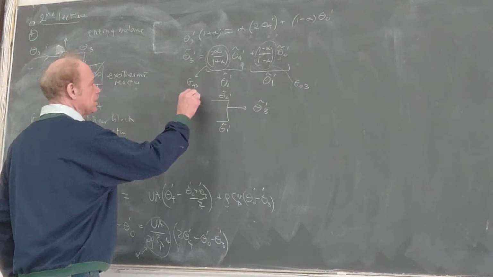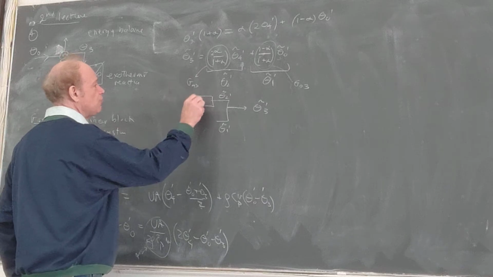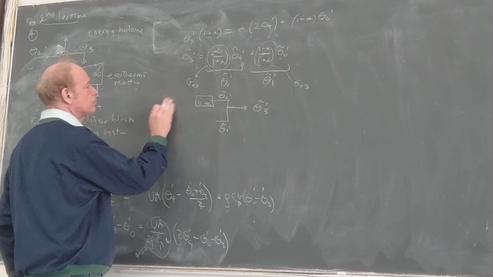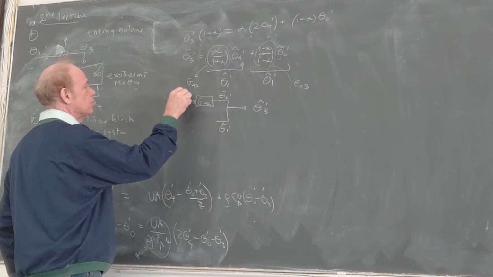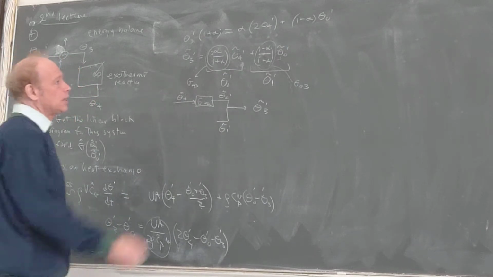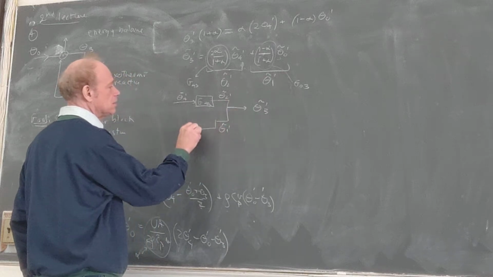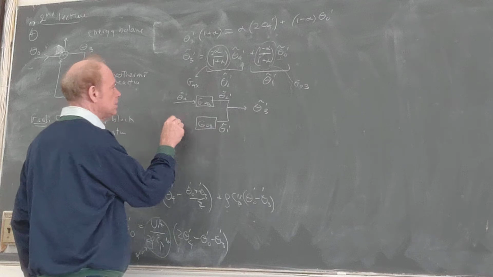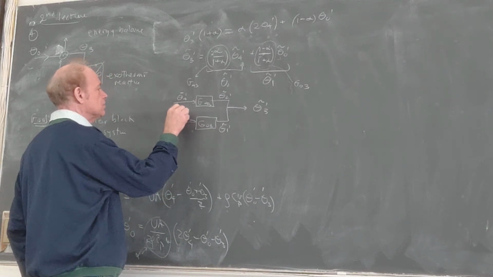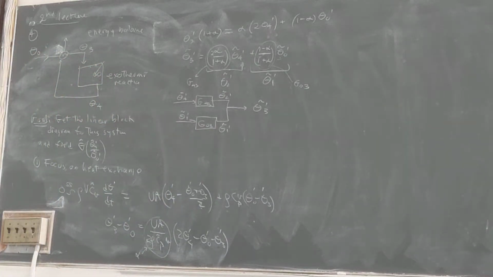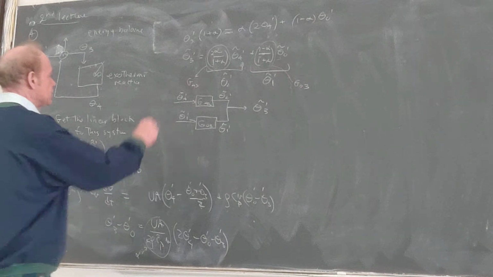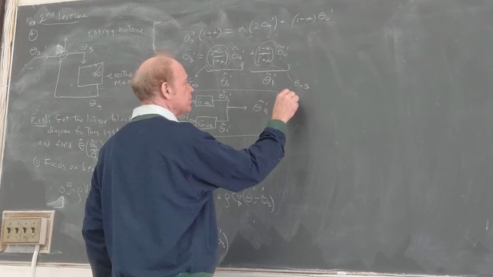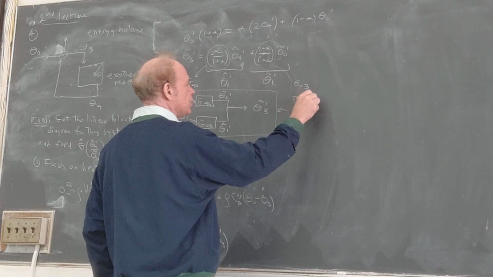Then this is equal to G43 times theta 4 prime, and this is G03 times theta 1 prime. And now I've represented the heat exchanger. This is my block diagram of the heat exchanger.